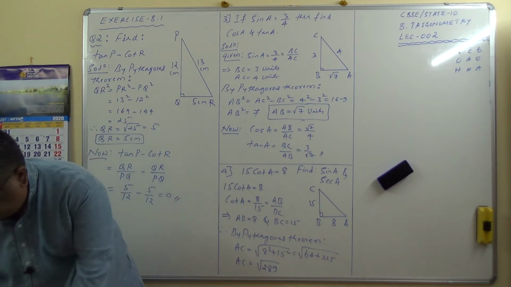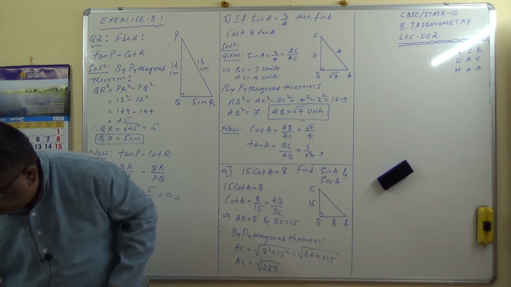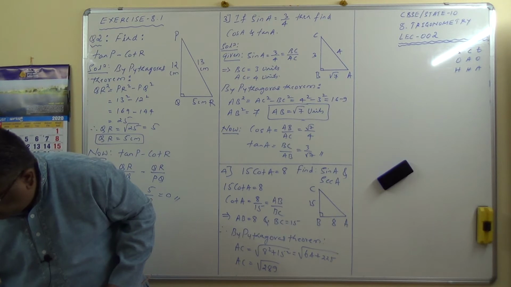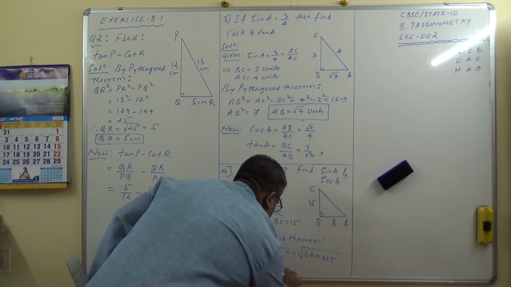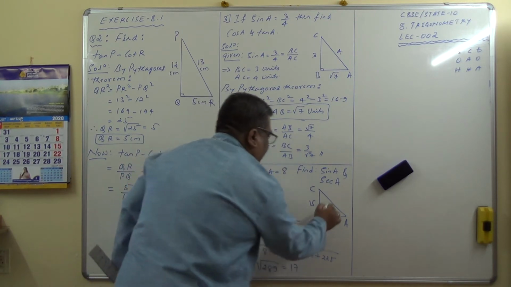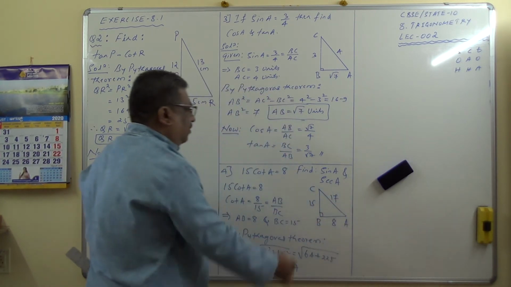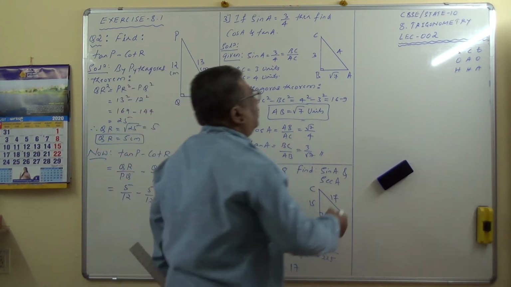So what is under root of 289? The square root of 289 is 17 units. So AC is 17. Now sin A and sec A can be found out.